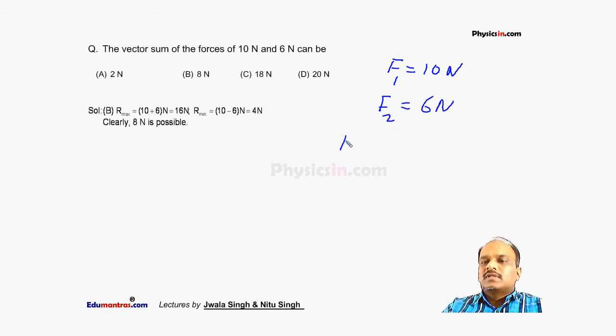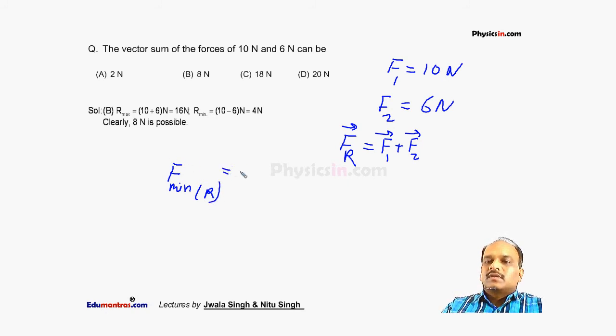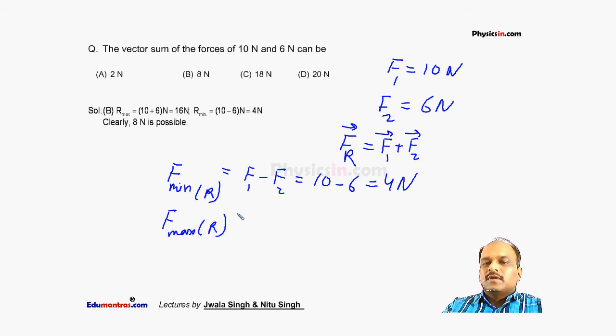The resultant is F1 plus F2, and the minimum value of the resultant is F1 minus F2, which is 10 minus 6, that is 4 Newton, and the maximum is F1 plus F2, that is 10 plus 6, that is 16 Newton.